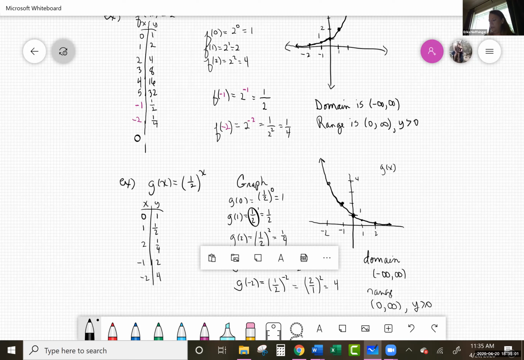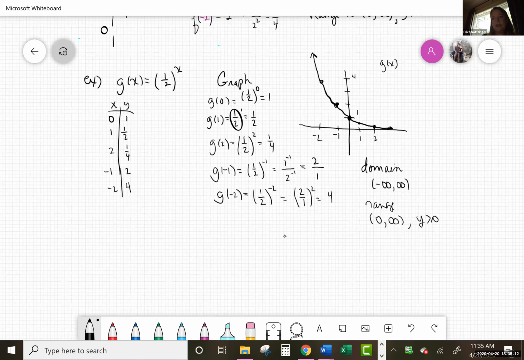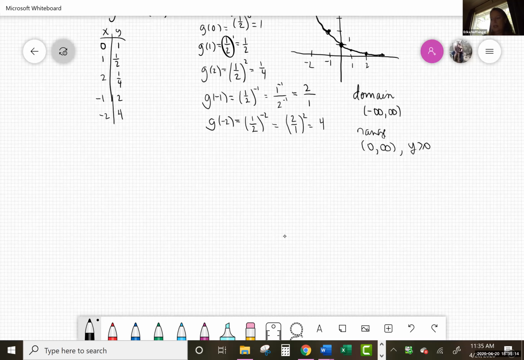Okay, so I want to jump to how to solve these exponential equations. And we're going to look at this again and use this fact later on when we get into logs.